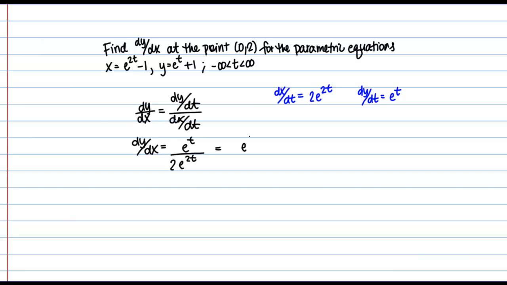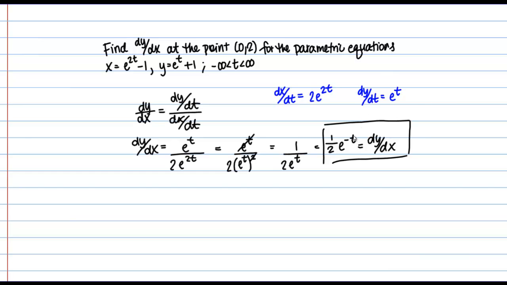If I wanted to, I could write this as e^t over 2 times (e^t) squared. So we see that we have a factor of e^t that can cancel out. So I end up with 1 over 2e^t, or 1/2 e^(-t). And that is dy/dx.